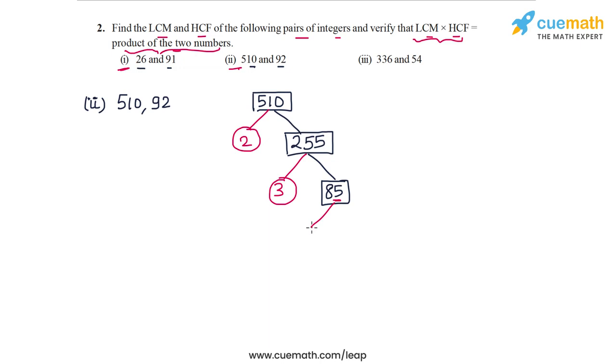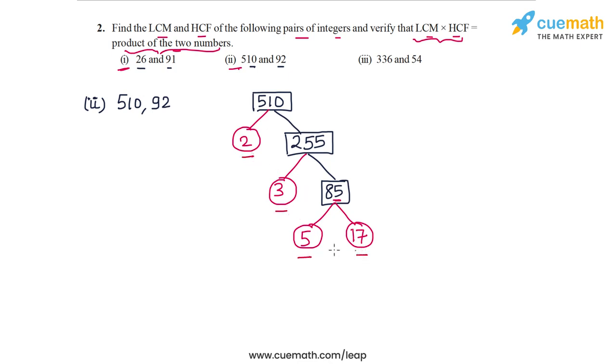So let's take out a factor of 5 and that will leave us with 17, and 17 is a prime number itself. So at this stage the prime factorization process of 510 is completed. So its prime factorized form is 2 into 3 into 5 into 17.